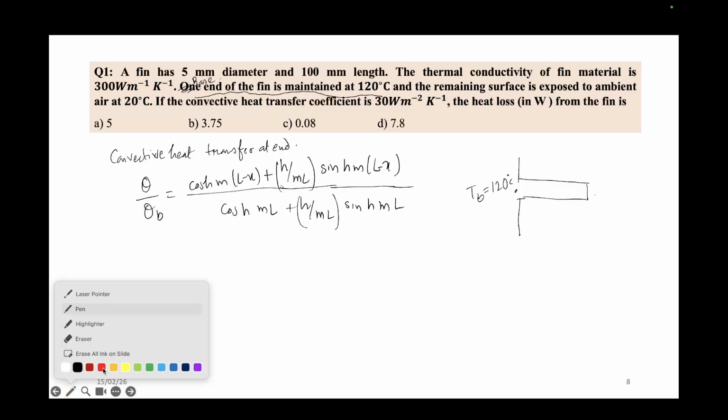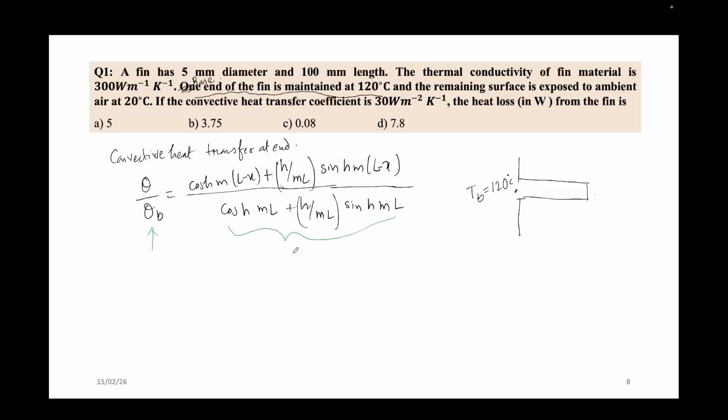Now tell me which part of this equation is constant. In this theta by theta b, which is the constant? Theta b. And in the next part, which part is the constant? That means the whole denominator is constant, right?